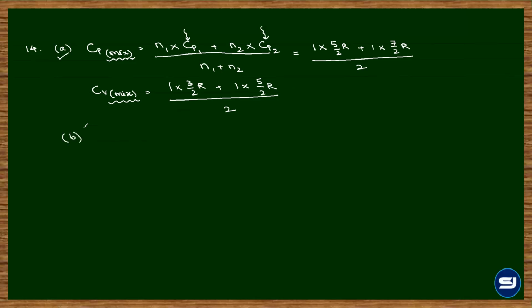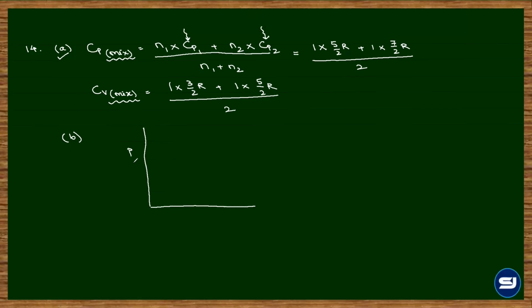Now B. The work done by an ideal gas in expanding from V1 to V2 is higher when the expansion is done isothermally as compared to that carried out adiabatically. Work of expansion is large for isothermal as compared to adiabatic. True or false? Let's understand this graphically.